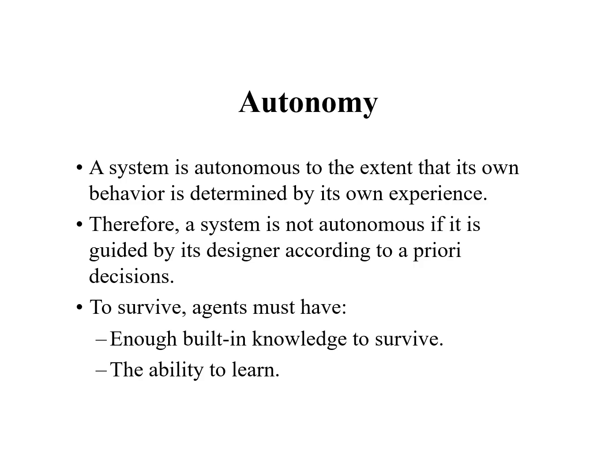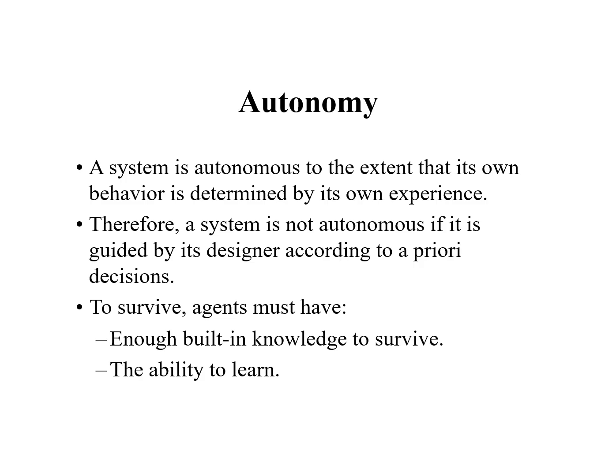To survive, the intelligent agent must have enough built-in knowledge to survive, and the ability to learn. That is, it must have this to acquire autonomy. It must already have built-in knowledge that can survive any conditions, any problems it has to face, as well as the ability to learn.